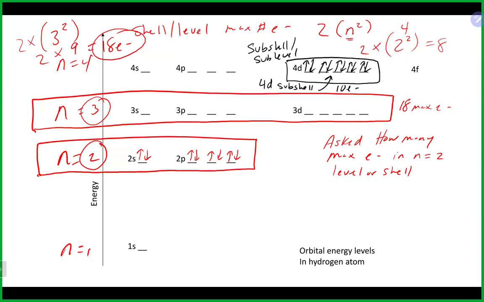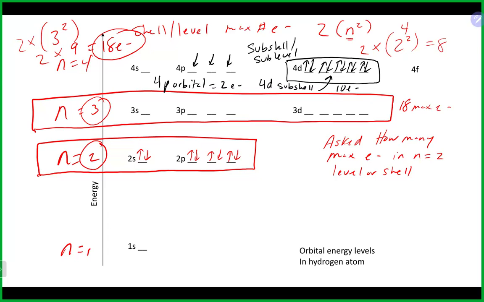Now, if I asked you how many electrons you could put in a 4p orbital, what would the answer be? That's the trick question. In any individual orbital, how many can you put? 2, right? So when we say a 4p orbital, it could only hold 2 electrons, because it could be this one, that one, or that one that we're talking about.